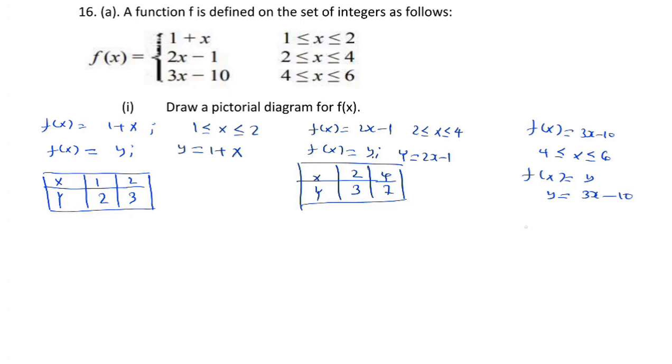Okay, let us now get the values of y by substituting values of x in our equation. We are going to have x, y, and then the values for x are 4 and 6, and then when x is 4, y is going to be 2, and also when x is 6, y is going to be 8.